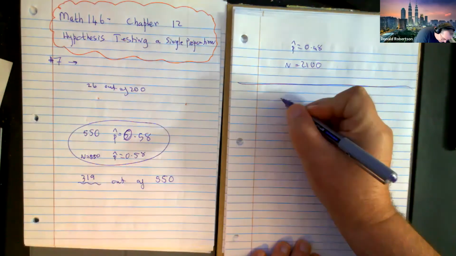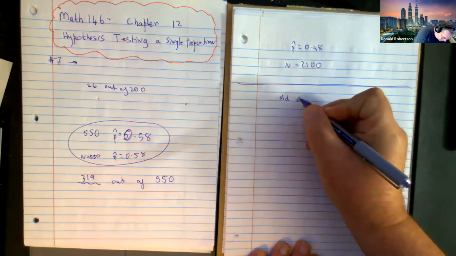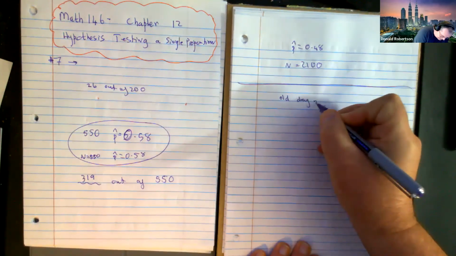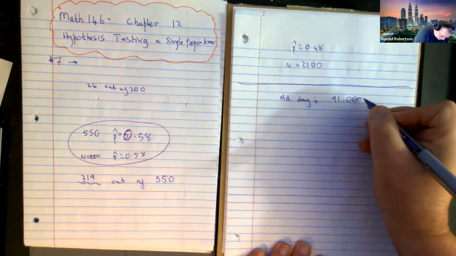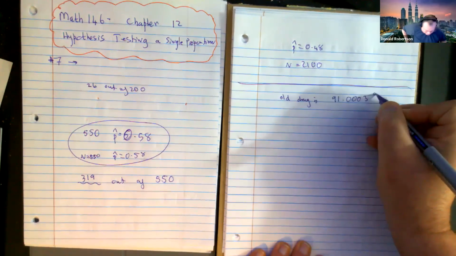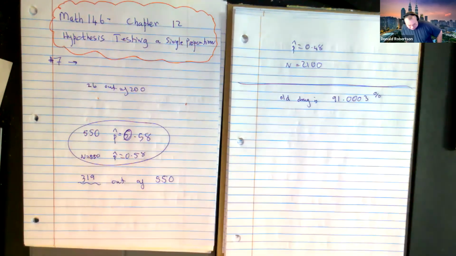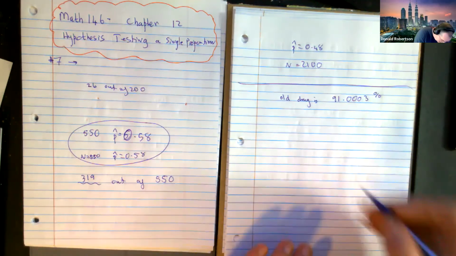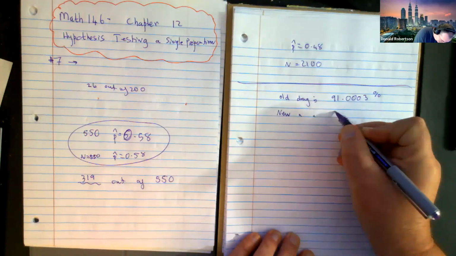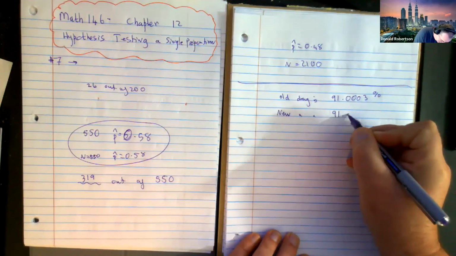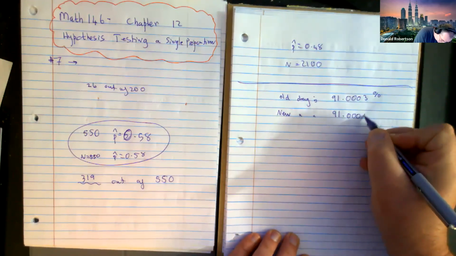And the old drug is 91.0003% effective. In other words, for 91.0003% of the people, it does what it's meant to do. It reduces the blood pressure. And there's a new drug, and it ends up being more effective by 0.004%.